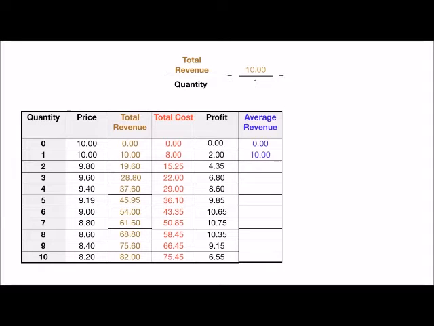Now I'm going to calculate average revenue for a quantity of 2. So I have 19.60 divided by a quantity of 2, and this is equal to 9.80. Now I'll just fill the rest in.